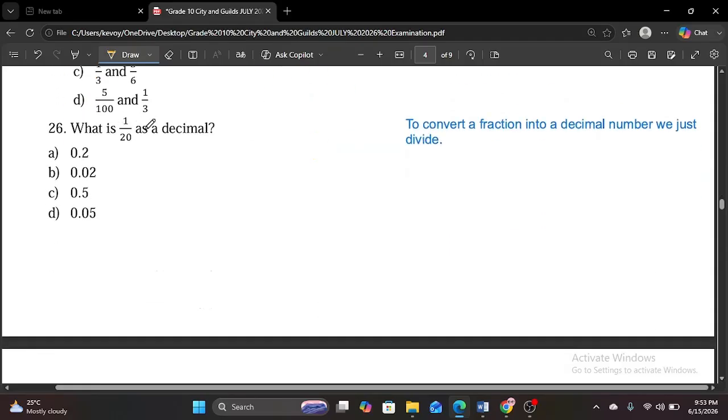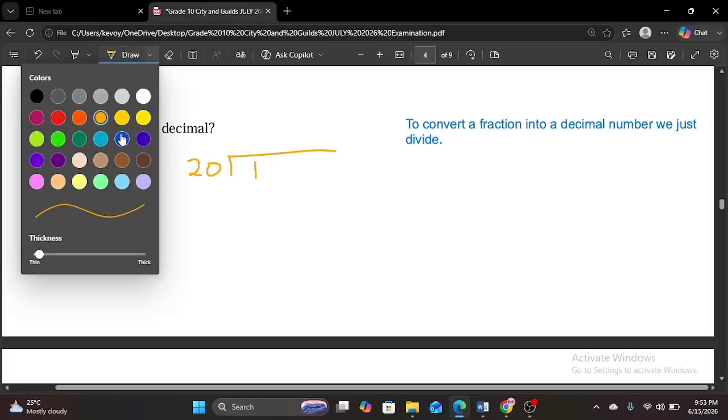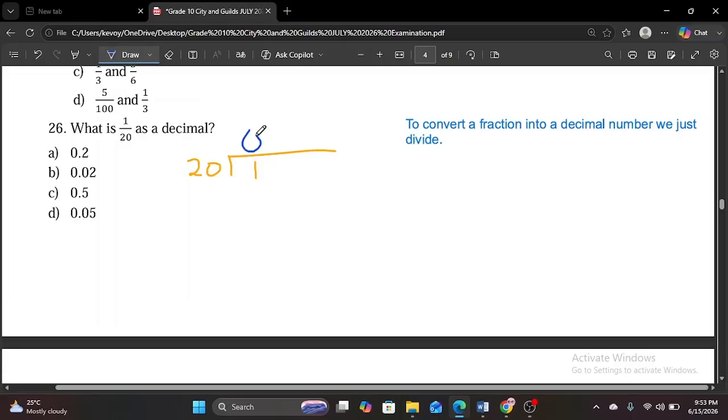What is 1 over 20 as a decimal? If we want to convert a fraction into a decimal number, we just divide. So we're going to divide 1 by 20. 20 divided by 1, we can't, so you put a 0 right there. Remember your steps for division. After you divide, you multiply.